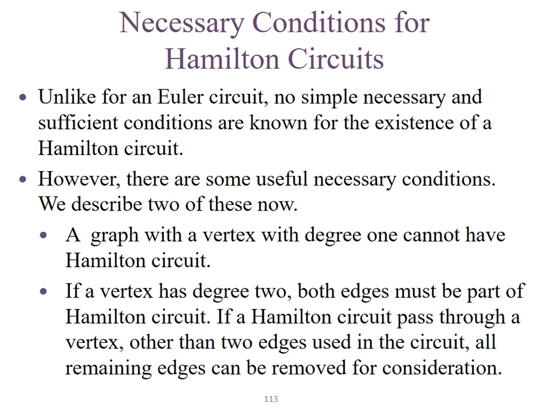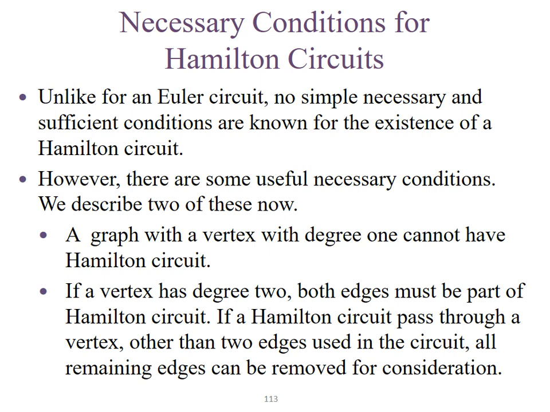Then what happens if that vertex has more edges? For example, we have 4 different edges at this vertex. Remember, by visiting this vertex, we will use 2 of the edges. So the other 2 edges cannot be used anymore.